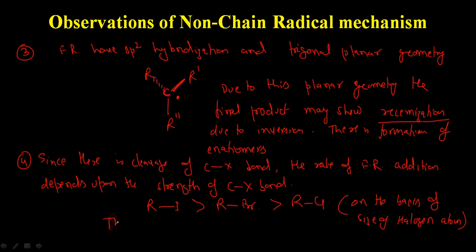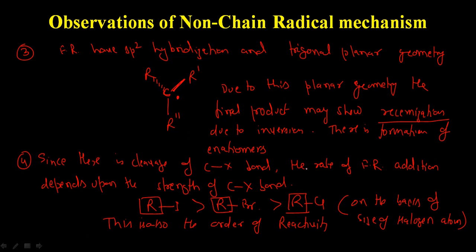So this is also the order of reactivity. If we have the same alkyl groups and different halogen atoms, the alkyl iodides will react at a faster rate than alkyl bromides, than alkyl chlorides. The reason is very obvious. Because of the larger size of the halogen atom, the CI bond will be weaker and is very easy to cleave as compared to the CBr bond and the CCl bond.